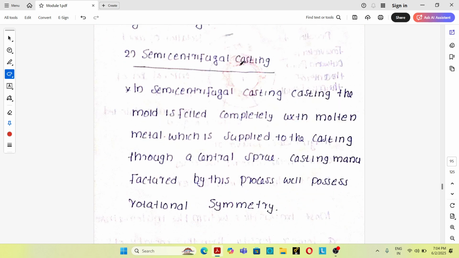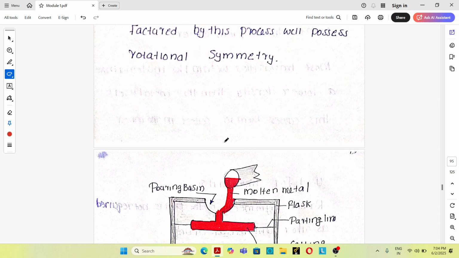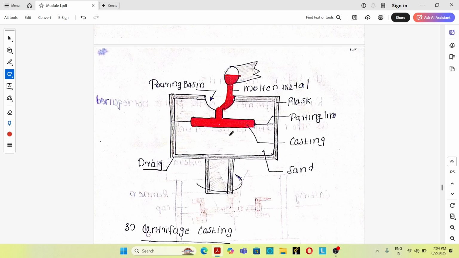Then the second one is the semi-centrifugal casting process. In the semi-centrifugal casting process, an expendable sand casting mold is used that is rotating. This is the expendable sand casting mold, which has two parts, cope and drag, and which is rotated by some method.